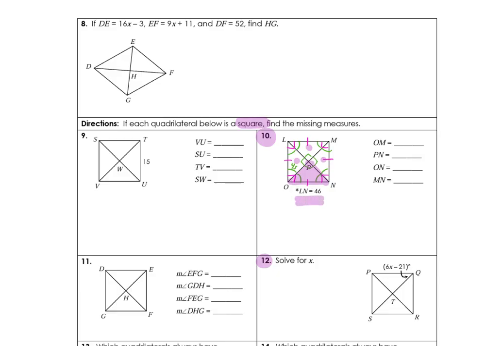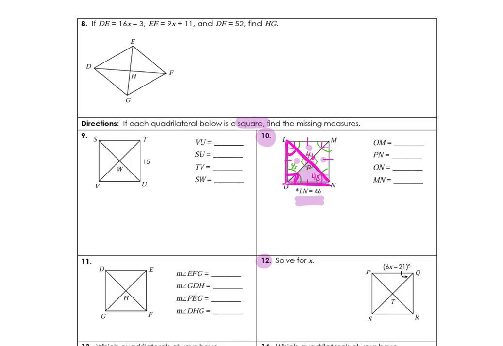The only thing they told us here is that LN is 46. Now think about that. That is also a 45, 45, 90 because this angle is 45 and this angle up here is 45 and this one is 90.